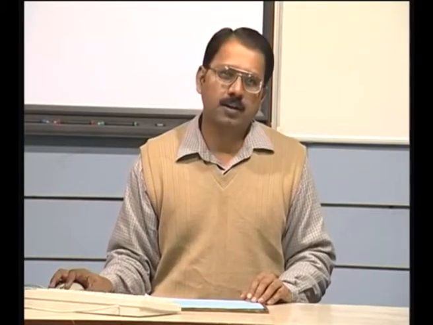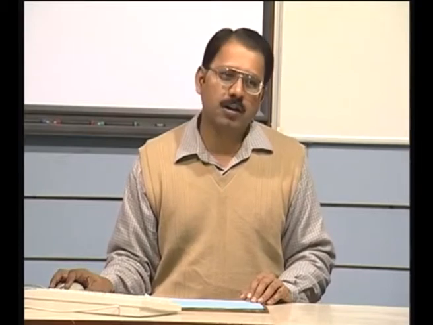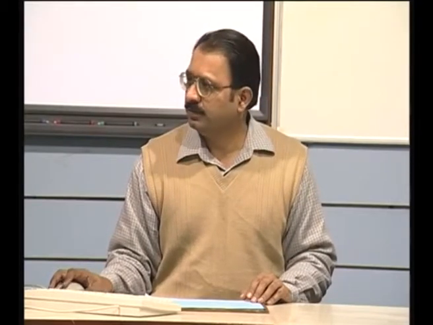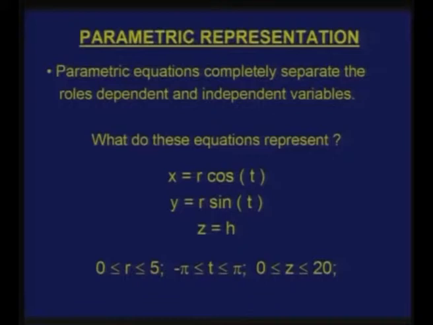I can go to one more higher dimension, where you are varying all three parameters. r is also varied between 0 and 5, then t is varied between minus pi and pi, and z is varied between 0 and 20.